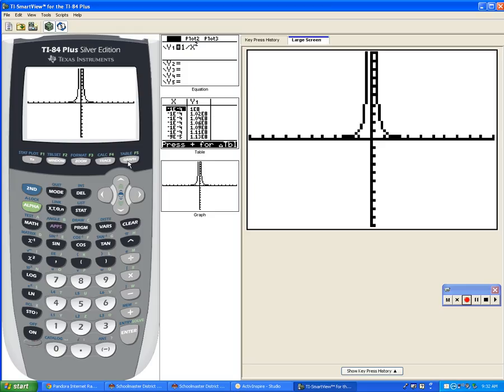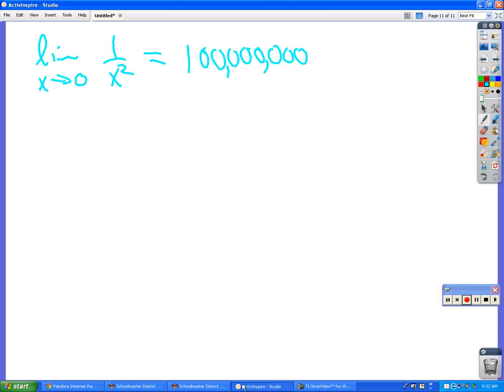If you approach 0 from the other side, it's going up forever that way. So that one we would say the limit is infinity. Okay, so you can have graphs or functions that have infinite limits. In other words, there really is no limit, but we'll just call it infinity.